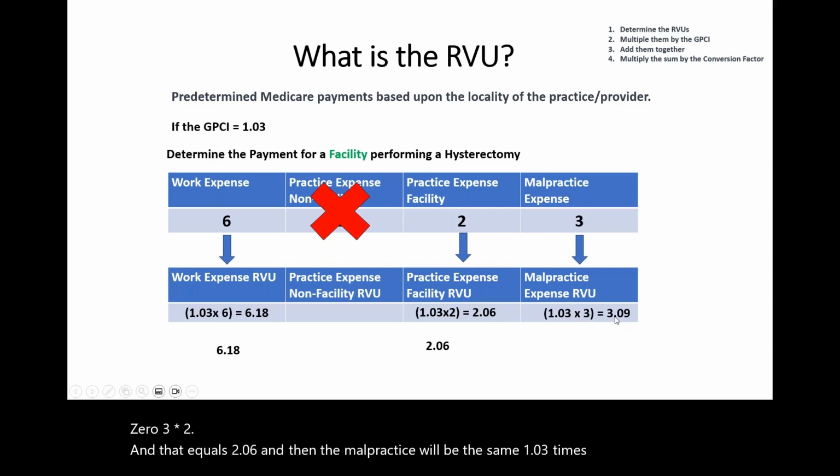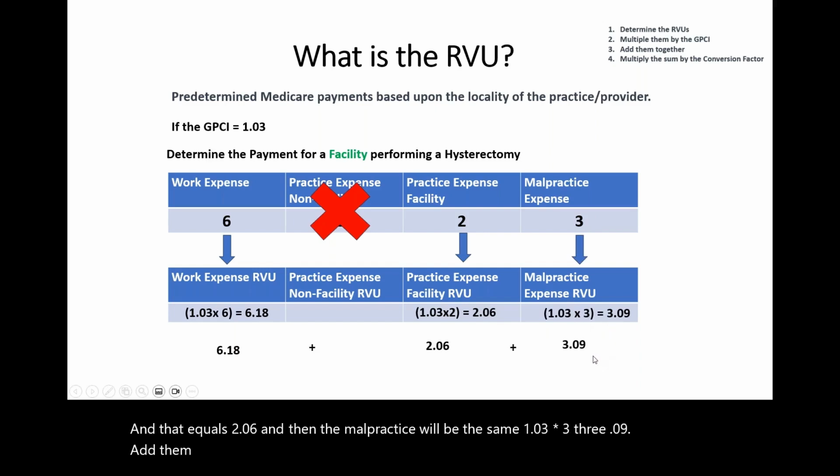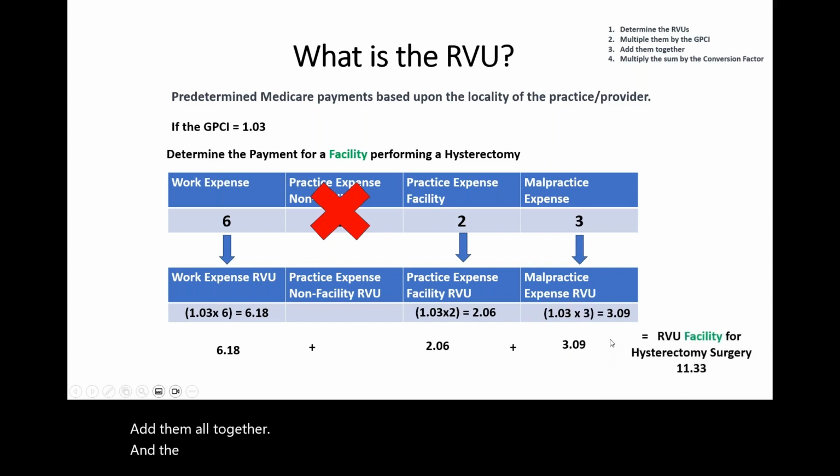1.03 times 3, 3.09. Add them all together, and the total RVU for a facility, this is their payment for carrying out a hysterectomy.